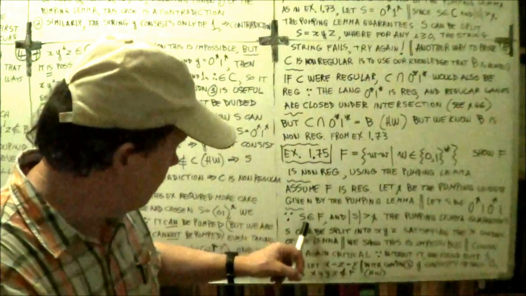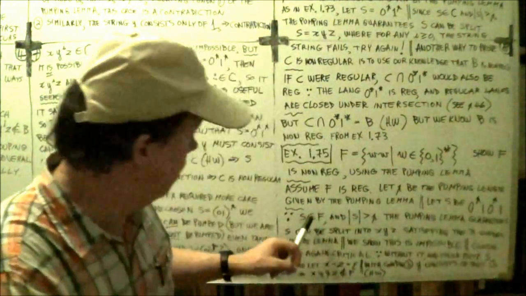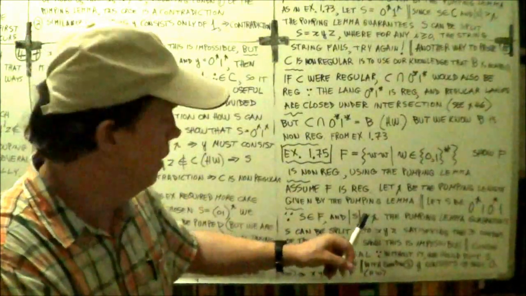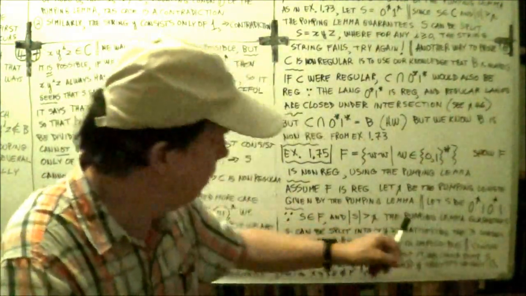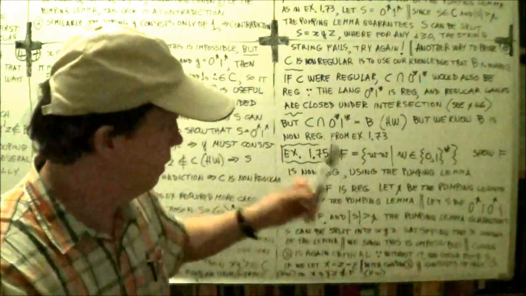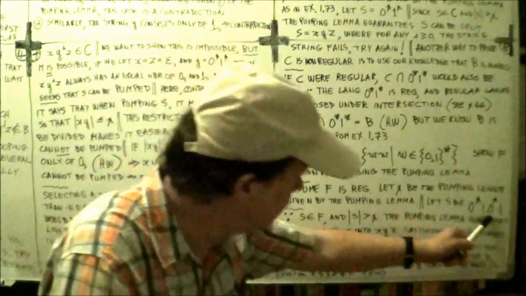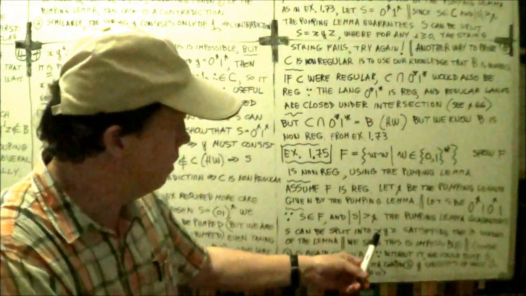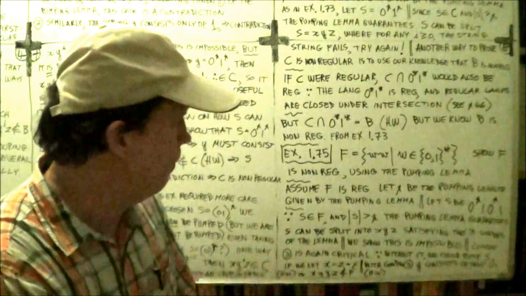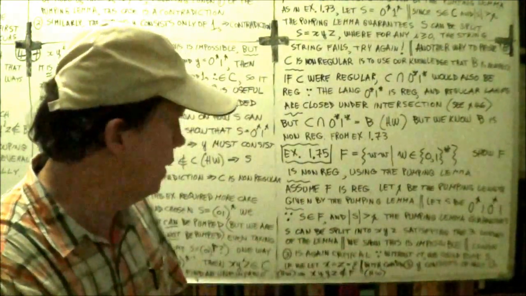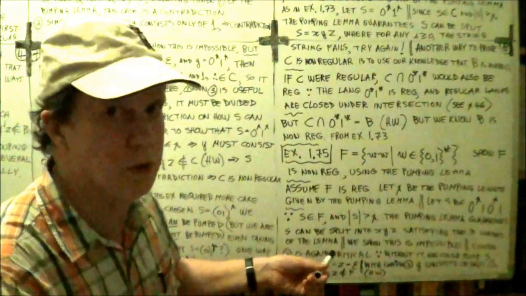Because S belongs to F and its size is greater than p, it satisfies the conditions for the pumping lemma. The pumping lemma then guarantees that S can be split, as usual, into the three substrings x, y, and z, satisfying the usual three conditions.